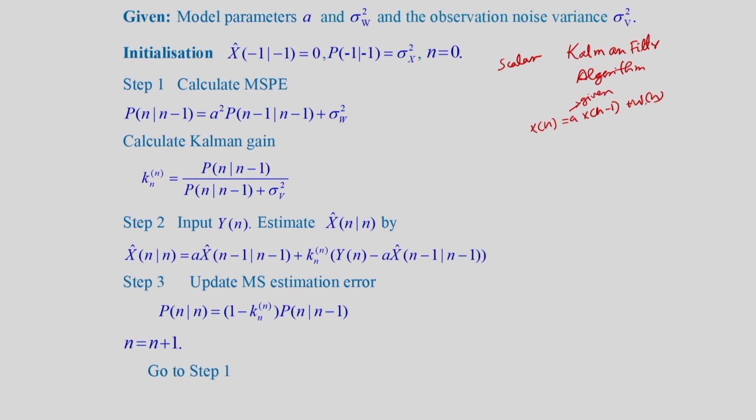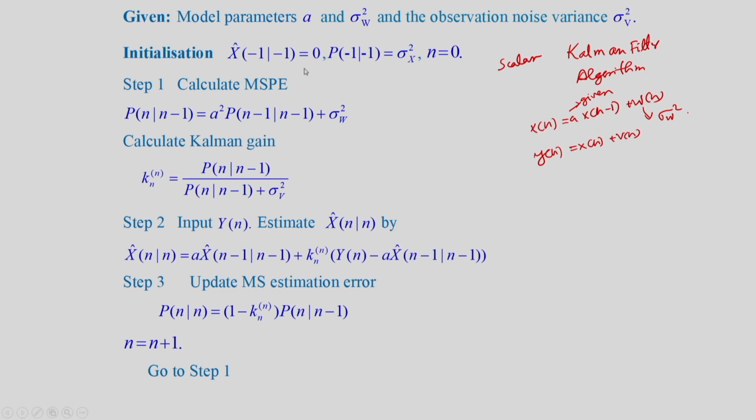Then, for the noise, this is a 0 mean white noise and its variance sigma W square is also given, and similarly the observation model is y n is equal to x n plus V n. So, V n, that is observation noise, is given to be 0 mean and variance sigma V square. So, these are given.